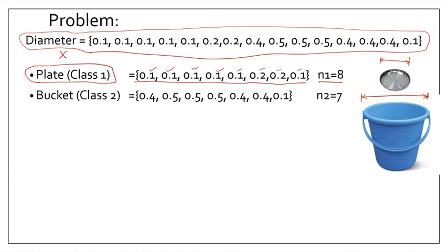There are 8 plates in my training set, with these dimensions. Then I have a bucket set called class 2, and I have measured the diameters. There are 7 samples of buckets.